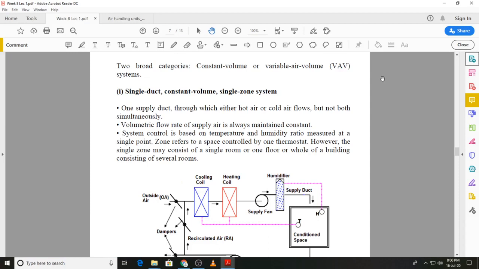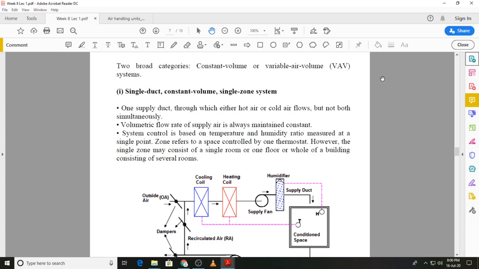We come back to the all air central air conditioning system, and then we will look at further variations of this type of system, which are the constant air volume or the constant volume system or the variable air volume system.